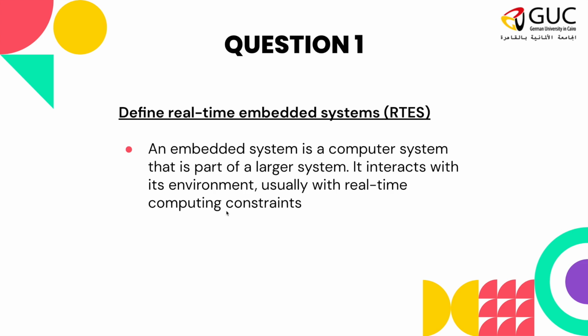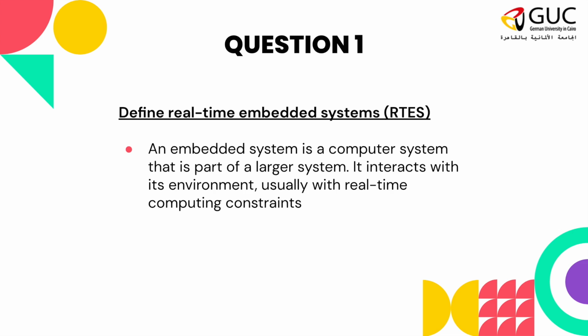And this phrase highlights the difference between real-time embedded systems and non-real-time embedded systems. Since we are defining real-time embedded systems, we now have a deadline that we need to meet, okay? We need to respond in real time. We have a timing constraint. Therefore, real-time computing constraints must be present in the definition of a real-time embedded system.